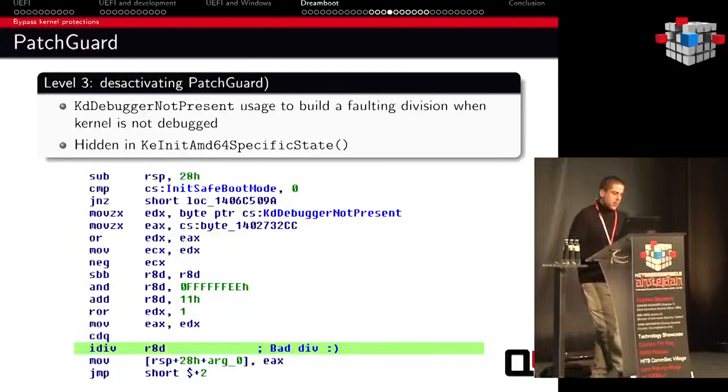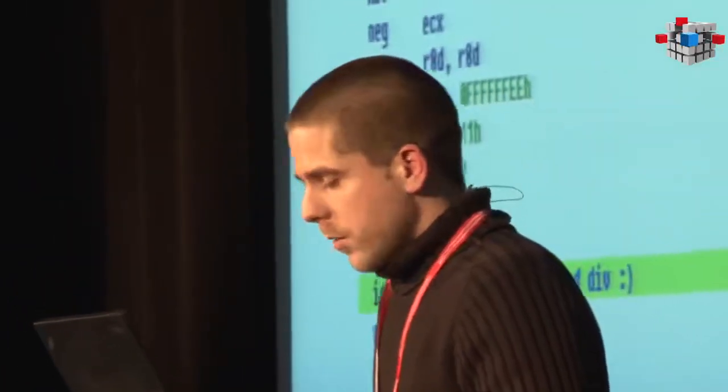So we just have to patch in this function this boolean to let the kernel know it's debugged. So the exception will never be thrown, PatchGuard will not be activated, and it's not detected afterwards, and it works very well.